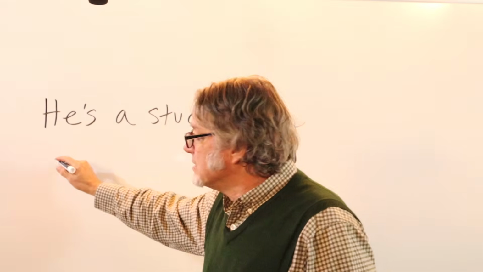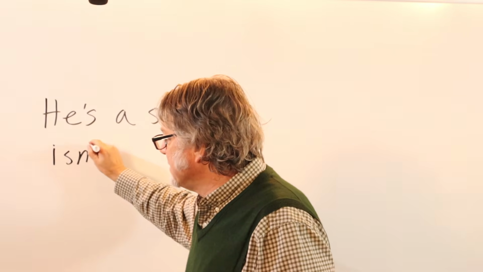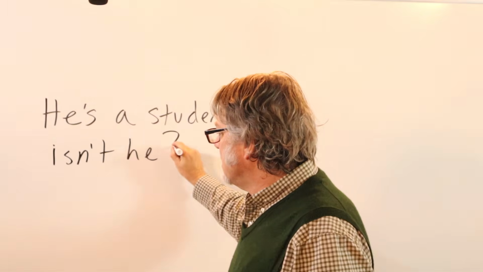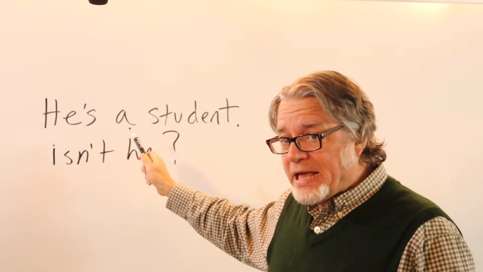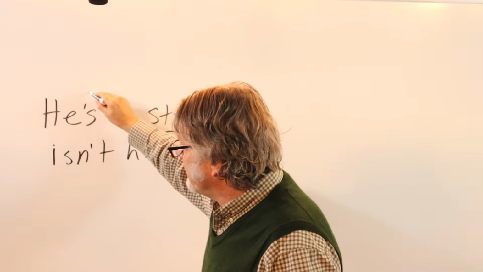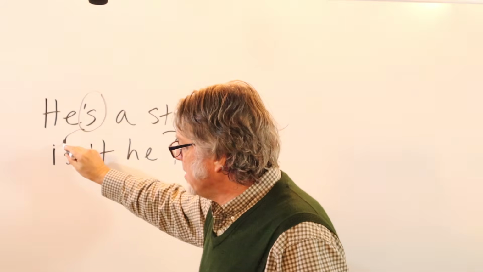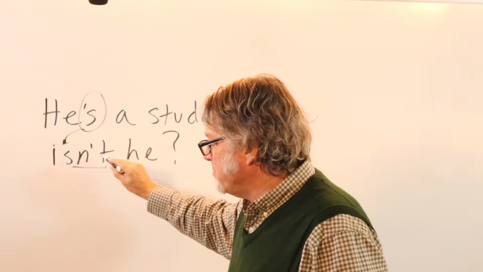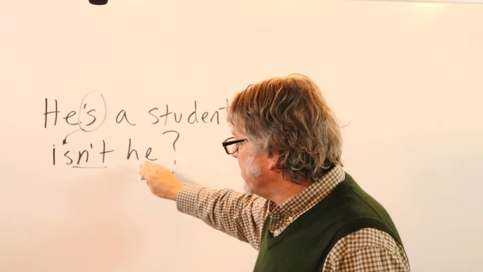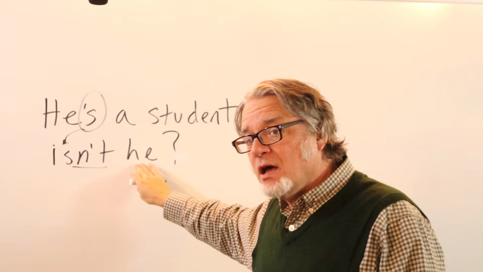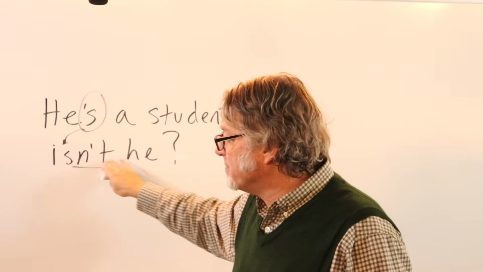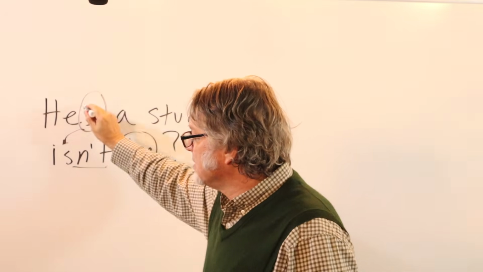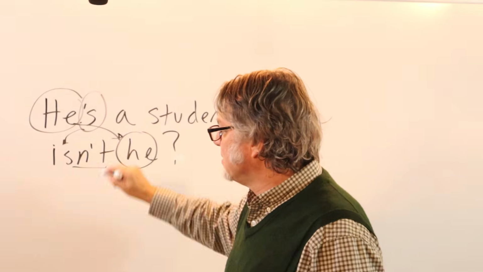He's a student, isn't he? To make the tag question, this verb moves here and then make it negative, and the subject then appears after the verb. Here's the subject that began the sentence.